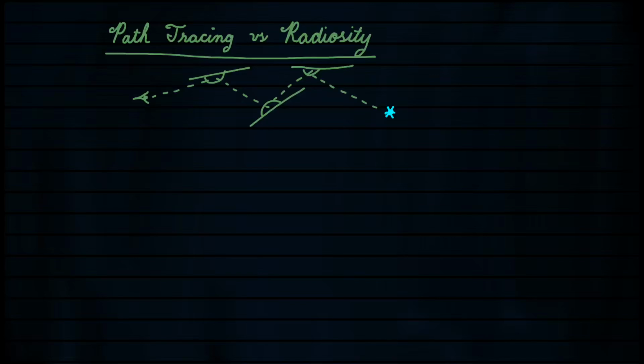And what we might do with radiosity is we could take our room example. What we want to do is evaluate how much light is bouncing from, say, this point to this point.